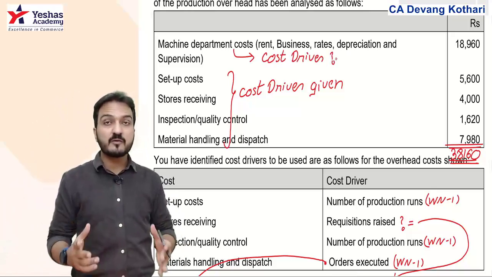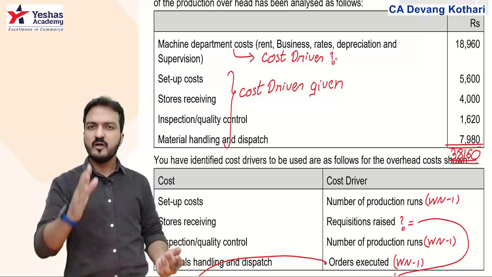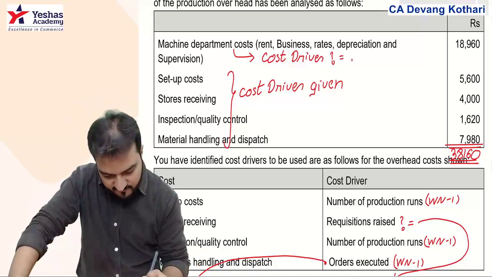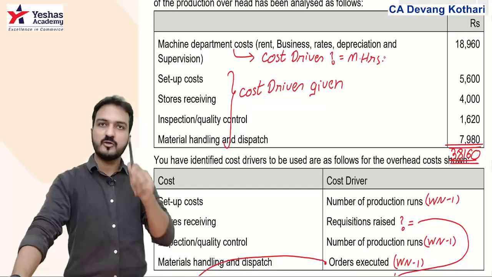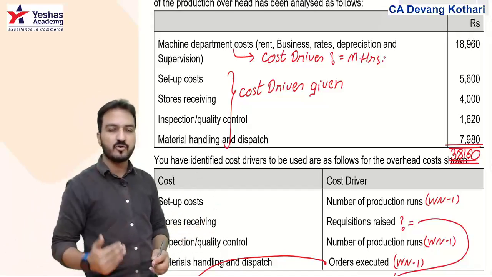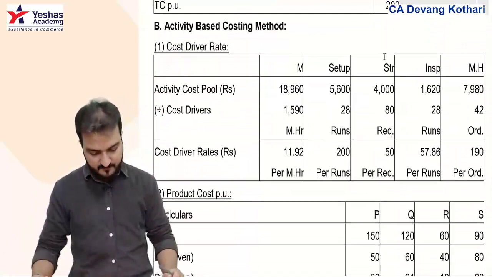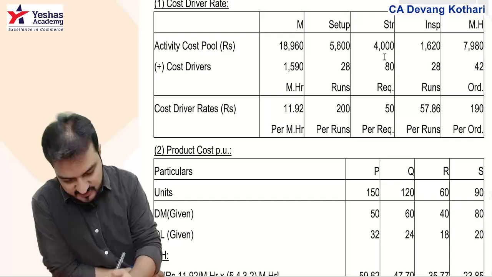For routine machine related cost, your cost driver should definitely be the machine hours. That one cost driver you decide, the rest 4 cost drivers are already given. So now you have 5 activities, and for each of them, you know the cost driver.